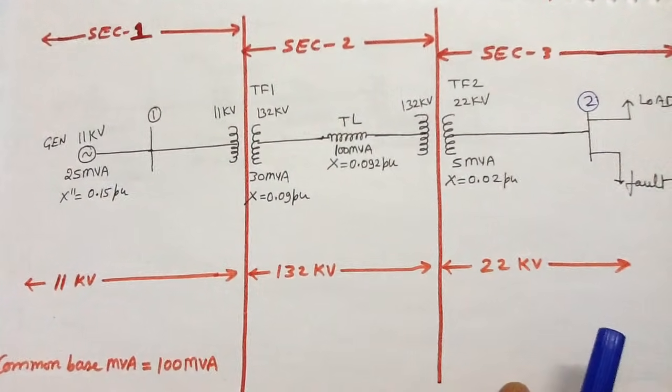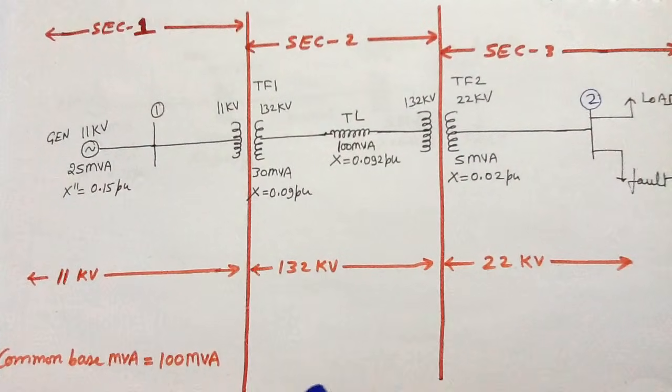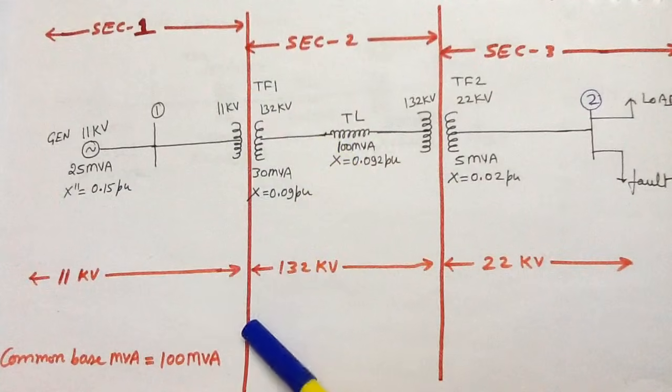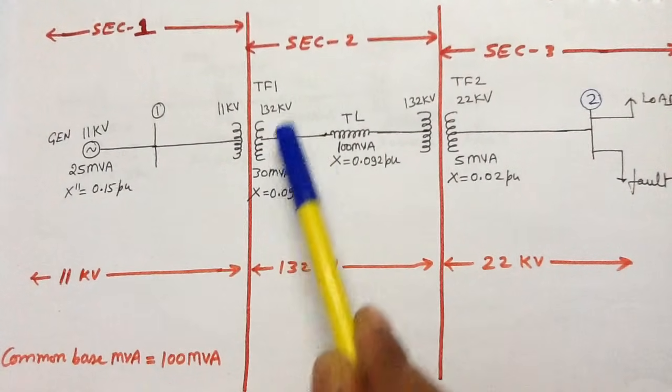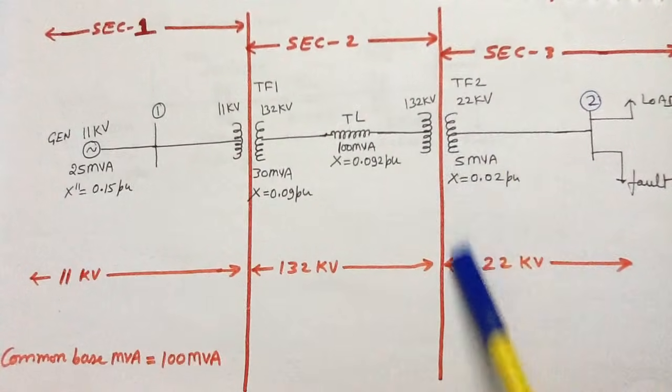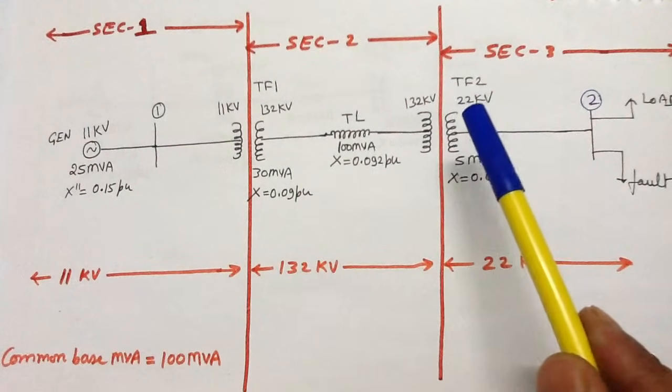So first we will draw vertical lines. These vertical lines will be in between the HV and LV winding of the transformers. So this one is the first vertical line which is separating the LV and HV winding of transformer number 1. This is the second vertical line which is separating the LV and HV winding of transformer number 2.